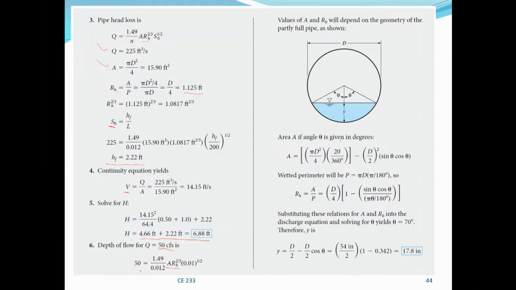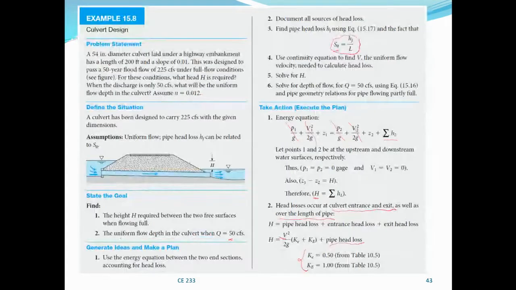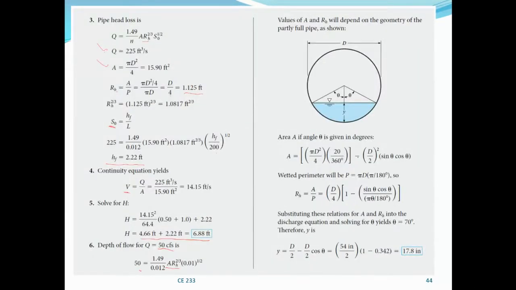Area A, if angle theta is given in degrees. What is the area? The area here is simply this. This is the area for the full circle, and then minus the remaining portion.